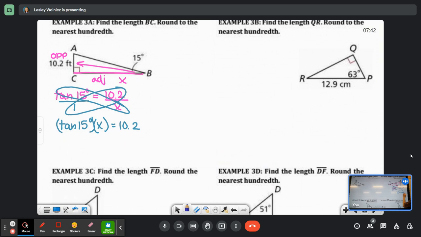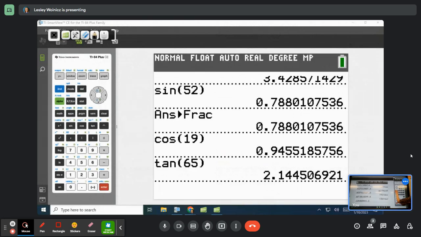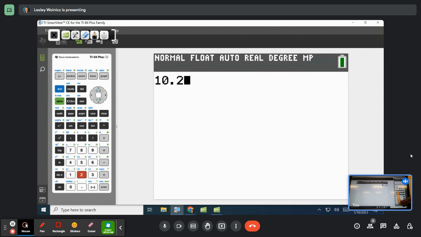So I'm going to divide this side by tangent of 15 degrees and this side by tangent of 15 degrees. And those cancel. And this I can put in my calculator. So 10.2 divided by tangent of 15 degrees.